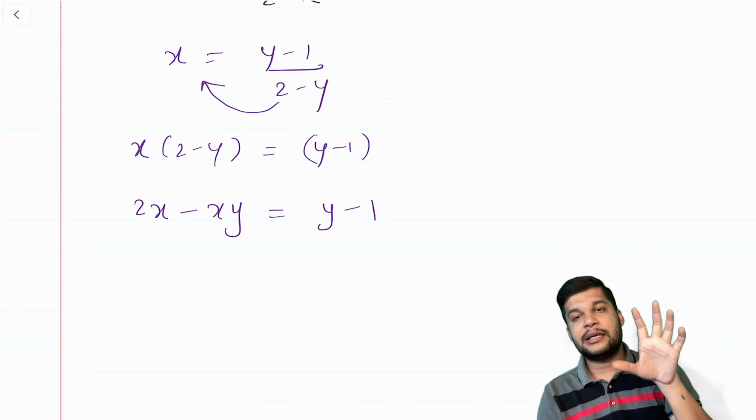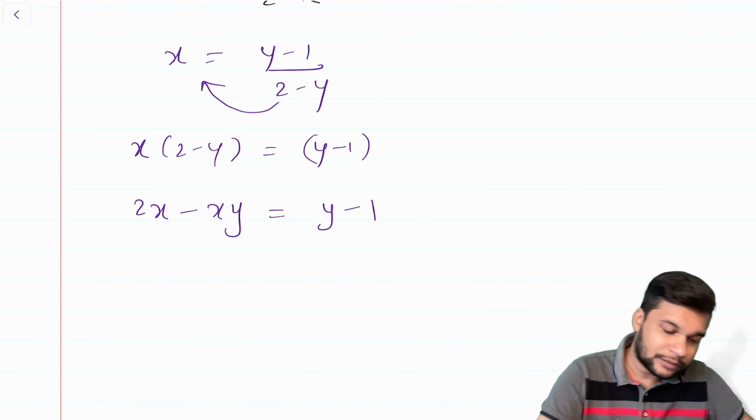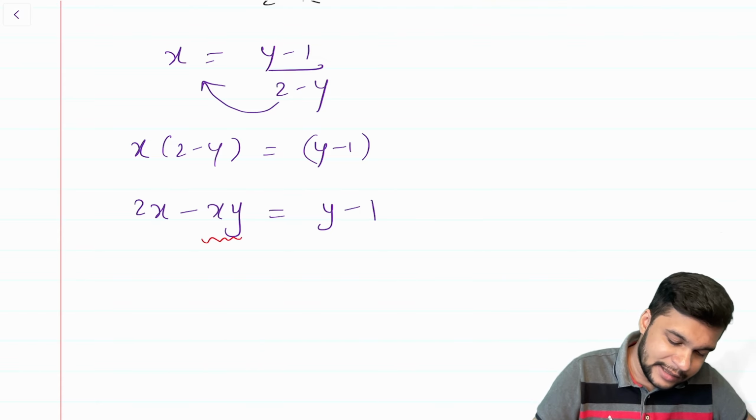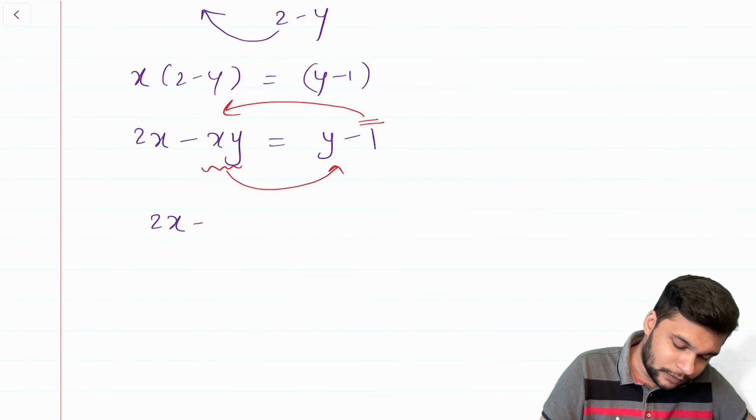Now let us collect the terms of y on one side and the rest of the terms on the other side. So I'm shifting minus xy towards the right, and minus 1 towards the left. So 2x plus 1 equal to xy plus y. Now from here take y common.